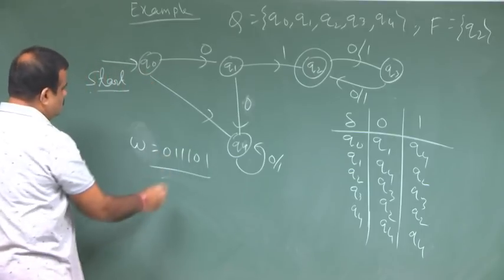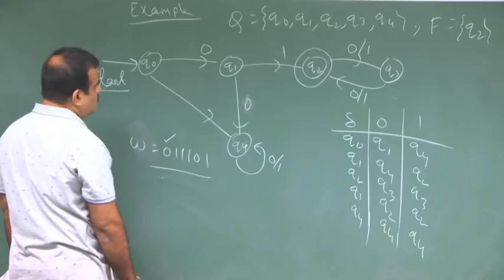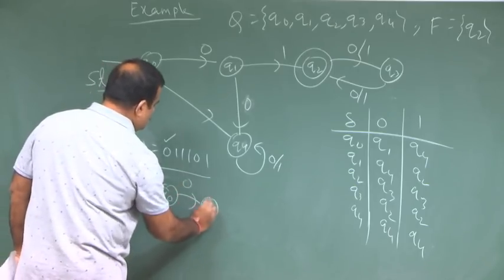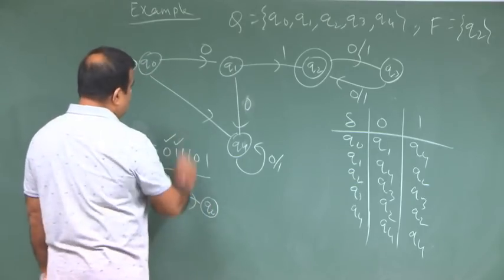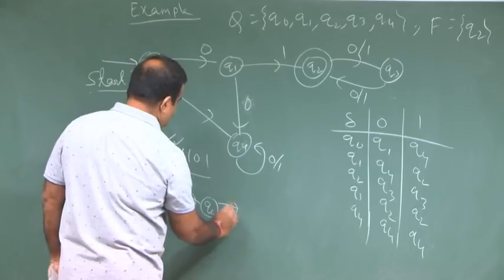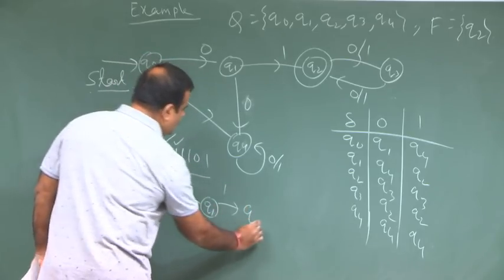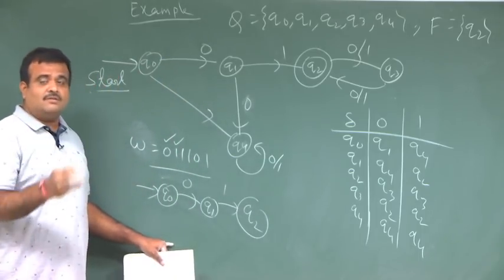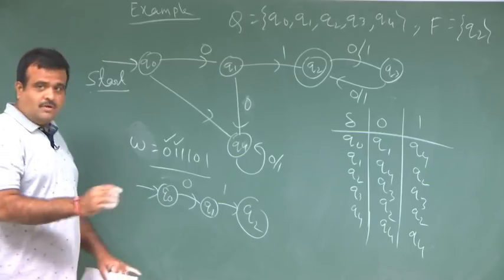So, we are at q0. We read this 0, we will go to q1. So, this is the starting state, and from q1 we read a 1, then we go to q2. q2 is a final state, but we have not yet completed the string, we have to complete it.